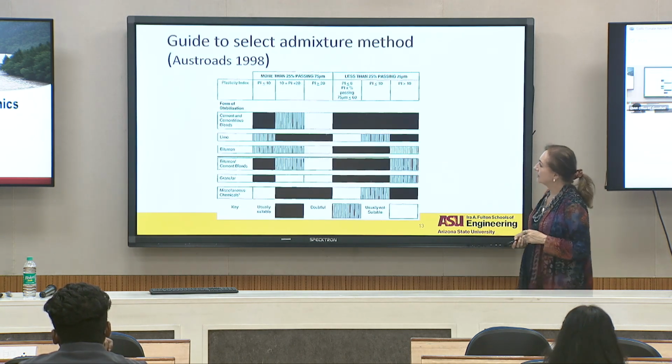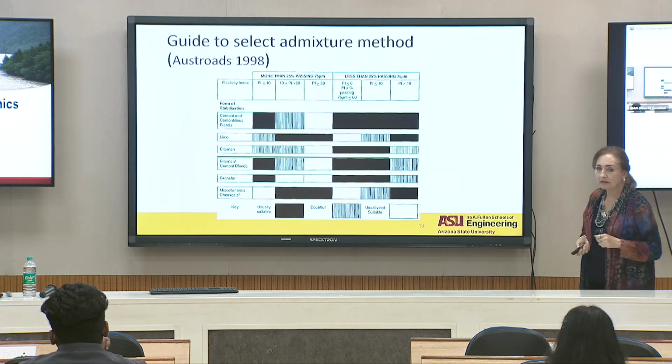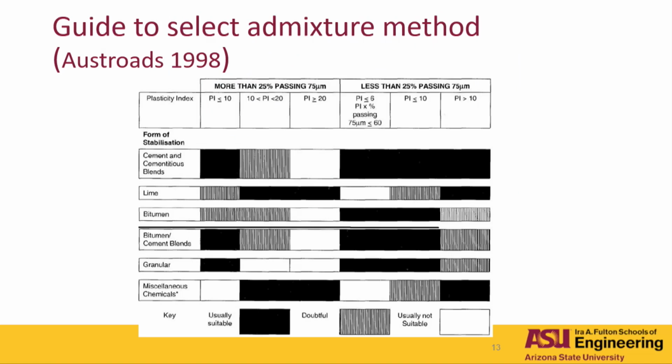This one is also a guide that is found in the Australian procedure for design guides for the design of pavements. This one is pretty much a summary of the types of soils that you can use for the different admixtures that you have.